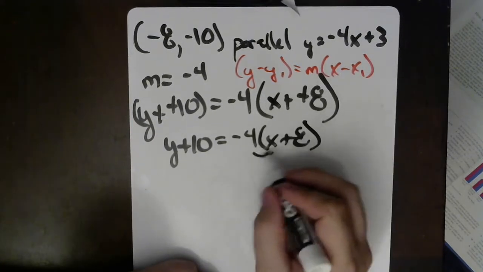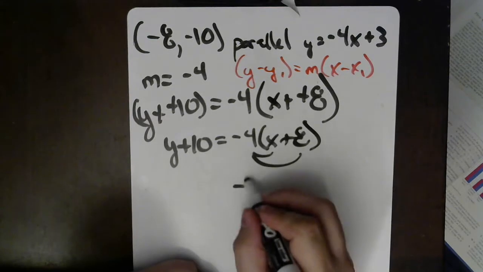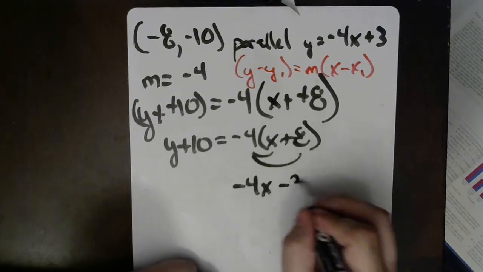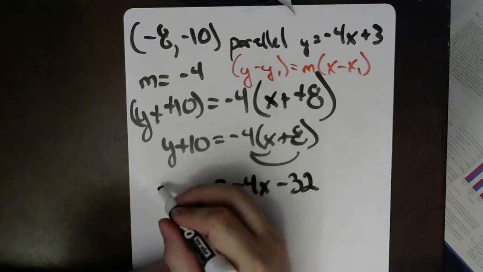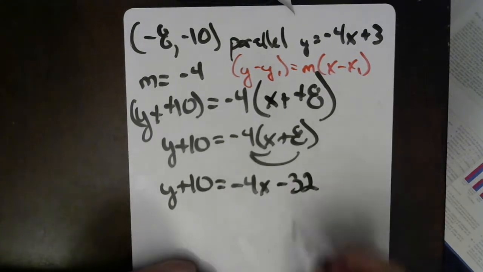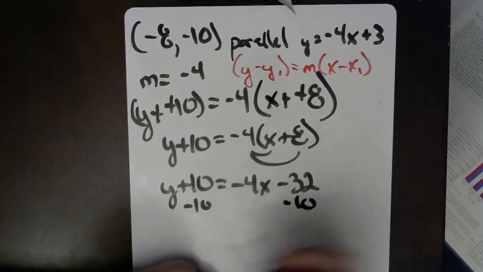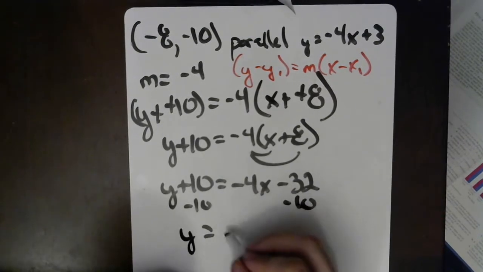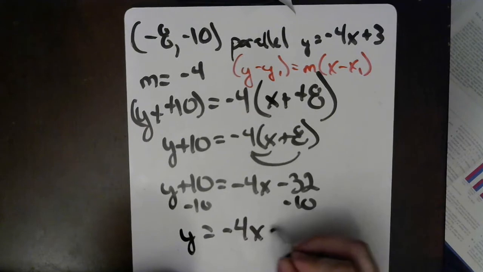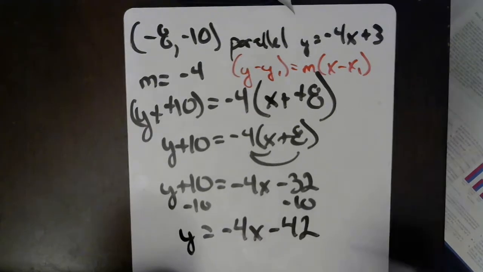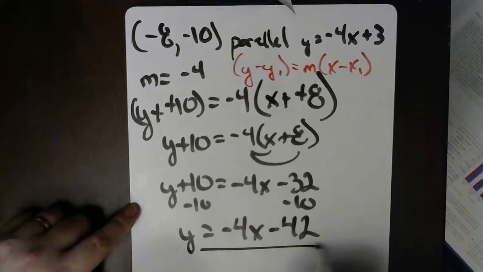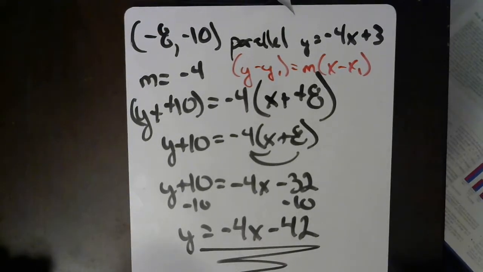Let's distribute our -4, so it's going to be -4x minus 32 equals y plus 10. It's pretty simple. Now we subtract 10 from both sides, and that gives us y equals -4x minus 42. Make sure you have all that written down, because this is our answer right there.